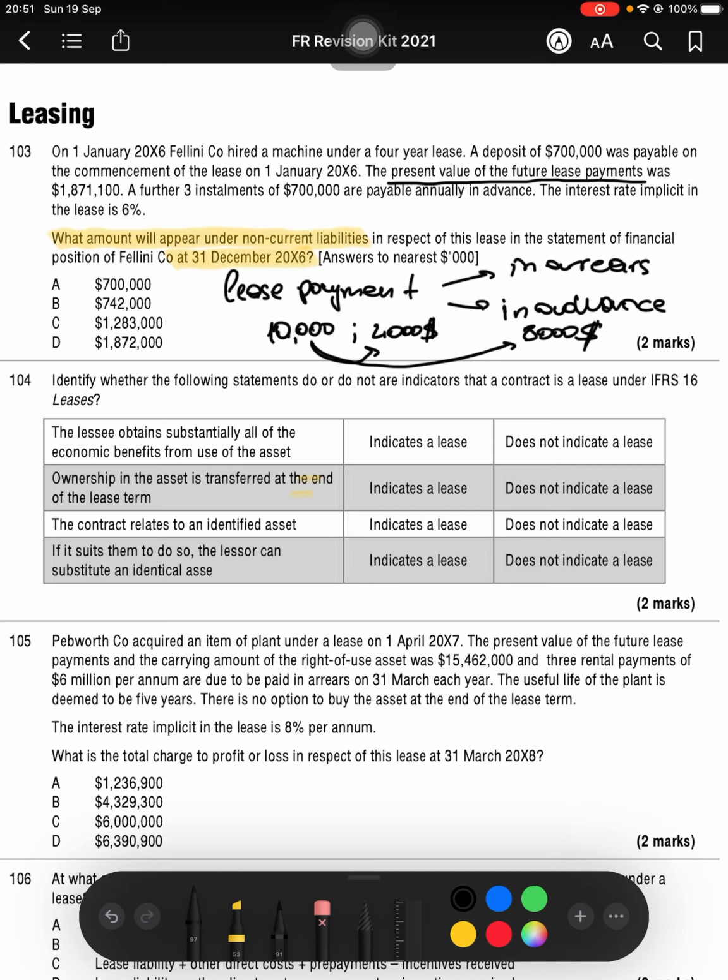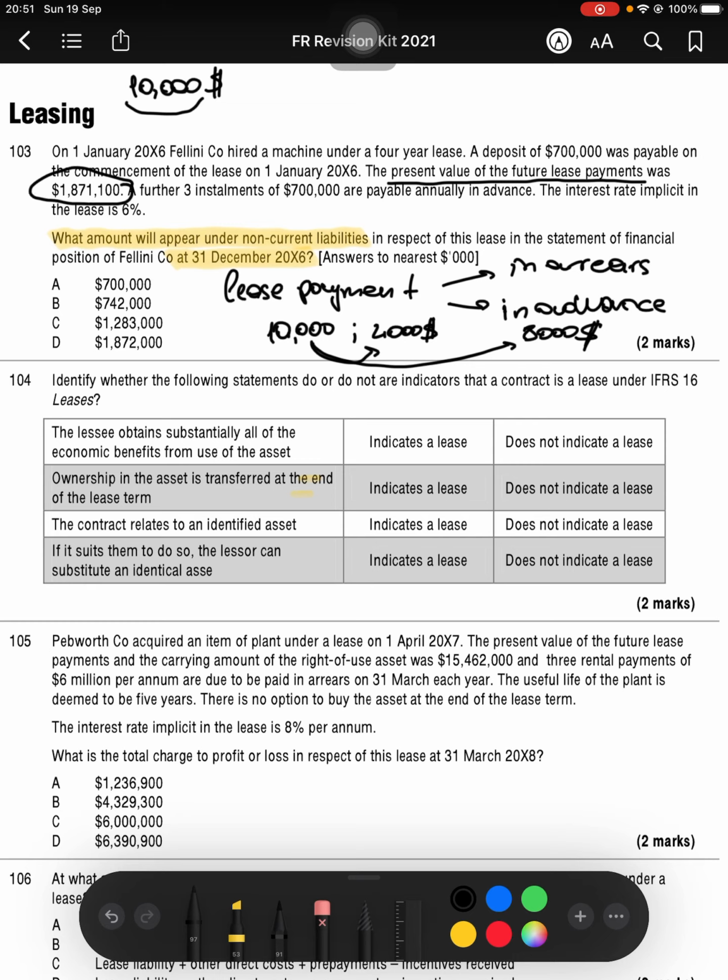If it was, for example, the amount of 10,000, and if we had any payments to make before the commencement of the lease, then they should have been subtracted from the total amount of this $10,000. But in our question, it says that the present value of future lease payments was this amount that I have highlighted.